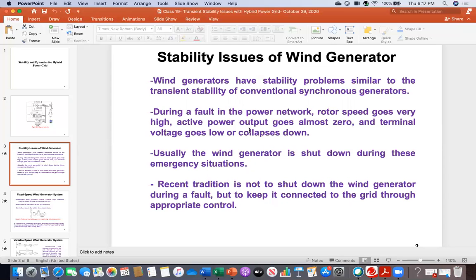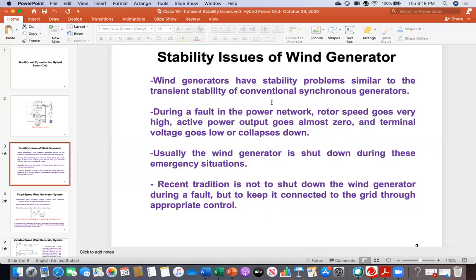And what can be the issue? During a fault in the power network, rotor speed goes very high, active power goes almost zero, and terminal voltage goes low or collapses. You remember that before we discussed the impact of a fault in the case of the induction generator. And you notice that there is some difference between a synchronous machine and an induction machine. In a wind farm or wind turbine generator system, mostly induction machines are used.